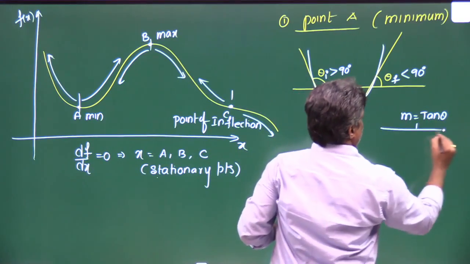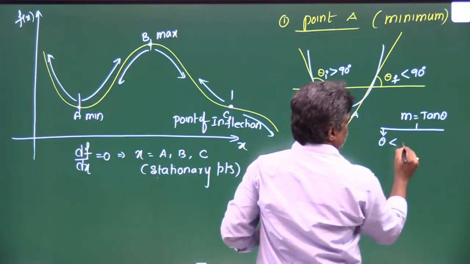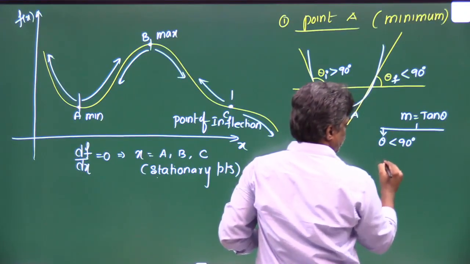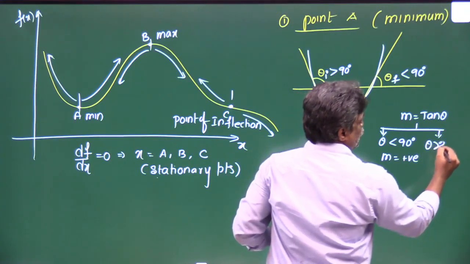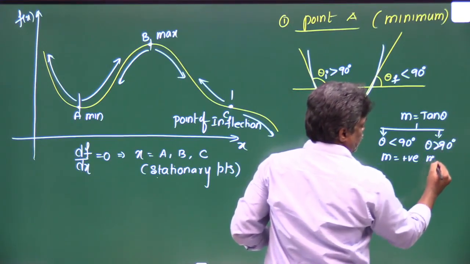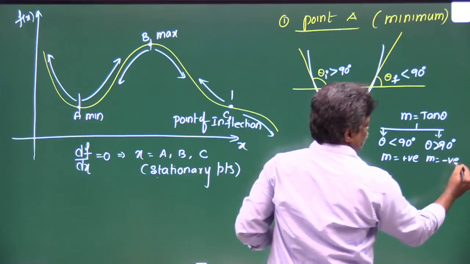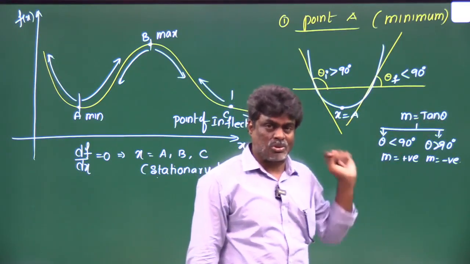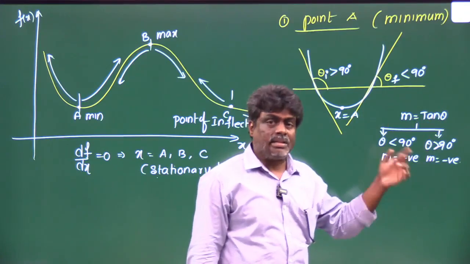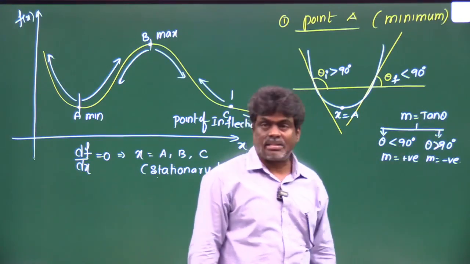If theta is acute, less than 90 degrees, m is a positive slope. If theta is obtuse, greater than 90 degrees, the slope is negative. Because for theta less than 90, in the first quadrant, tan is positive, and for theta greater than 90, in the second quadrant, tan is negative.